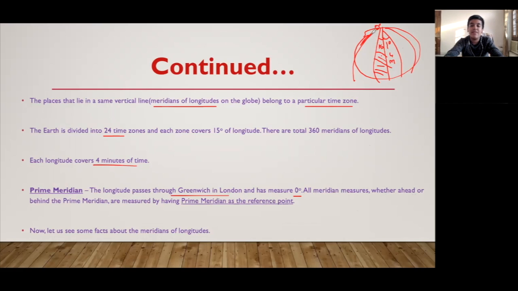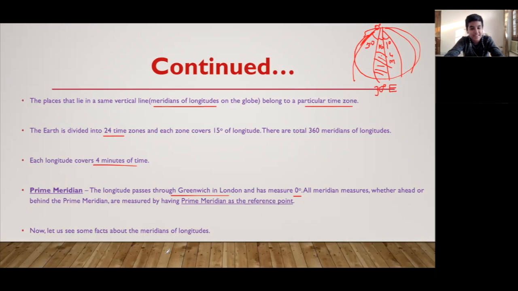So if there is a difference of, say, 30 degrees between this and this longitude, this longitude would be named 30 degrees east, because it lies on the eastern side of the prime meridian. On the western side, it would be 30 degrees west. Any longitude which lies on the west has the unit degree west, and on the east, degree east.